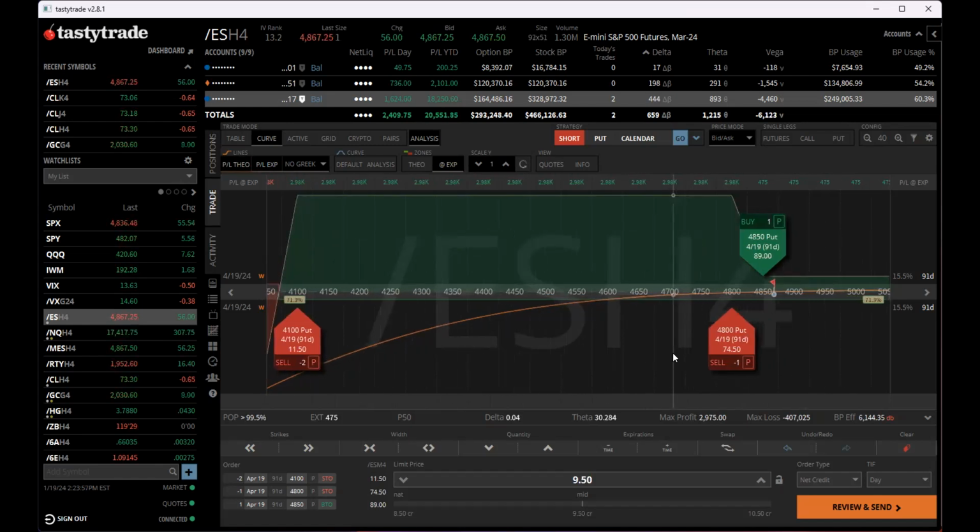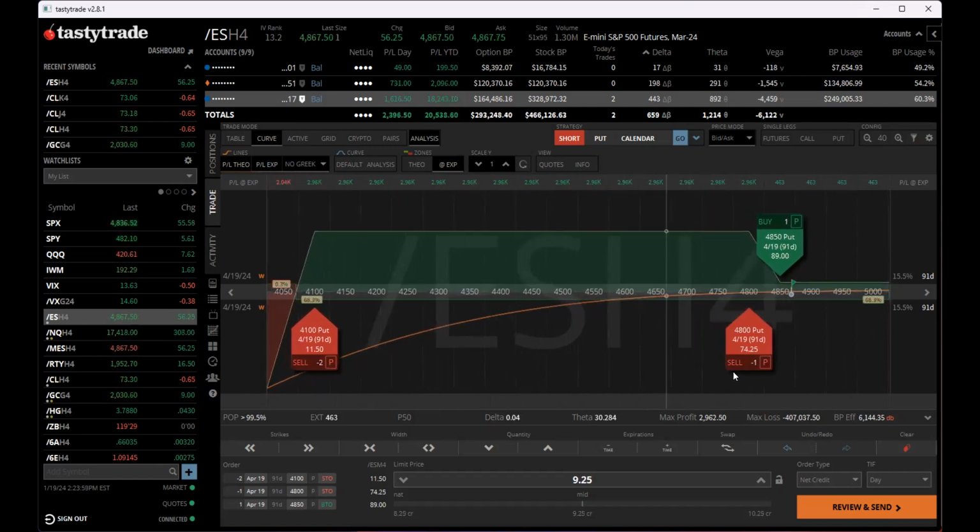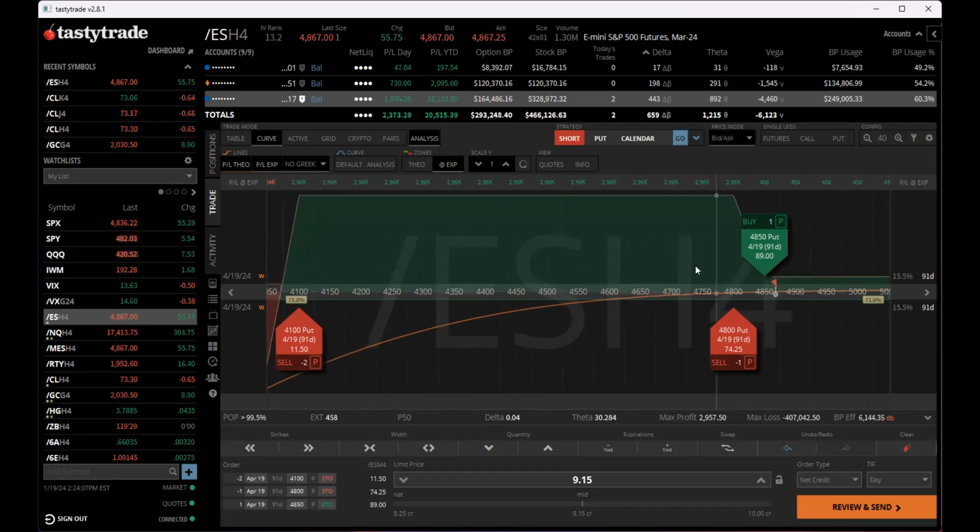Okay, this is not a bad trade. Yeah, I moved it to 50 wide. The 50 wide is not too bad in here. So you're making $458 on $6,100. This is a 7.5% trade that could come off in 70 days or 60 days.